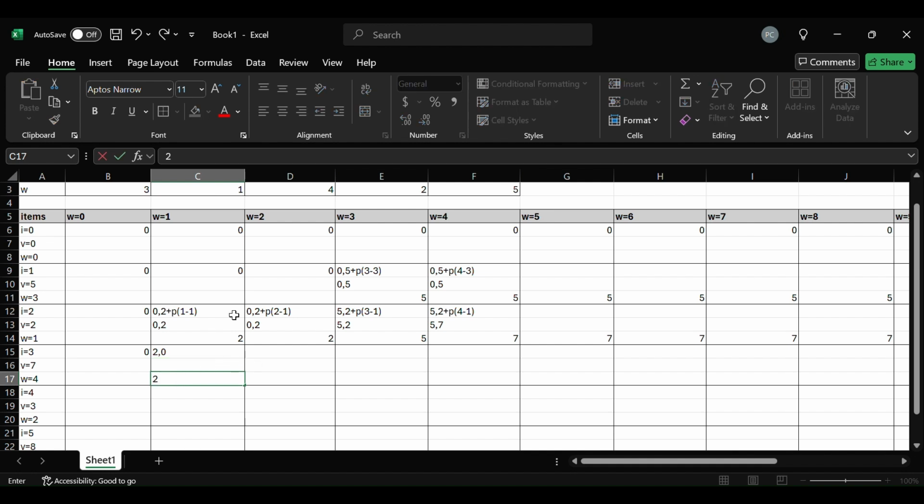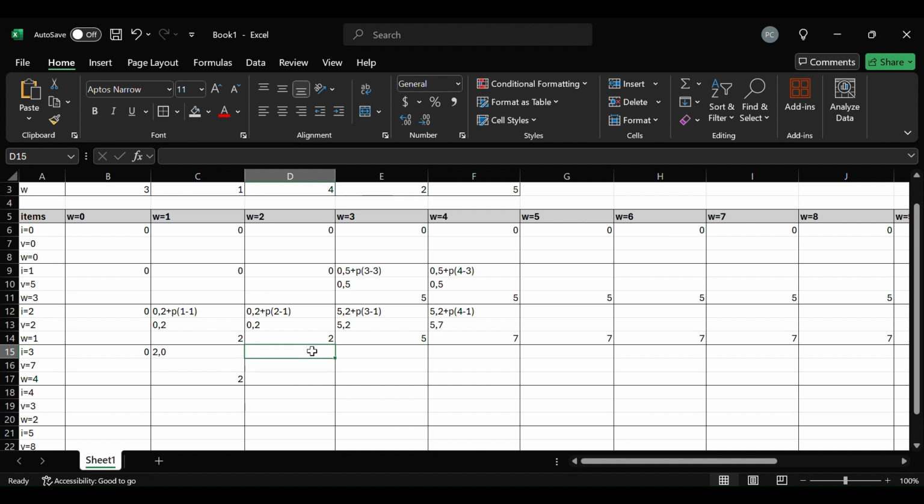Did not pick up. Again, repeat here. Our weight limit is 2, right? So the next situation here, we will decide between did not pick up versus pick up. So if we do not pick up, it will remain as 2. And if we try to pick up this item, we can't, because the weight limit here is 2. So it's between 2 and 0, and we will choose did not pick up 2.